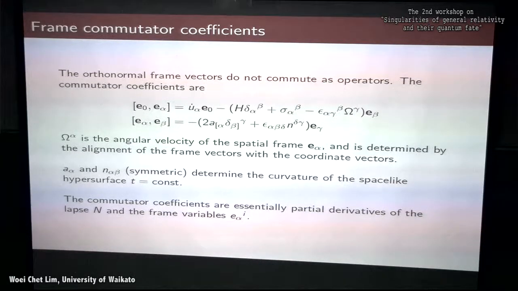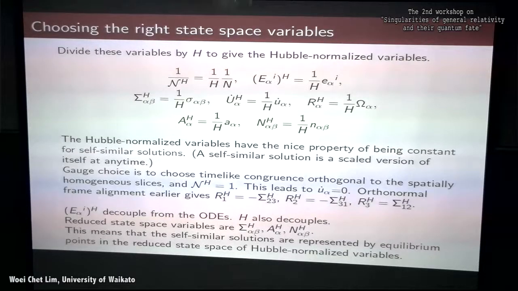Hubble-normalised variables. So variables are made dimensionless by dividing by H. Okay, so for example, A and N here, after dividing by H, I use capital A and capital N, also with superscript H, to emphasize that they are Hubble-normalised variables.